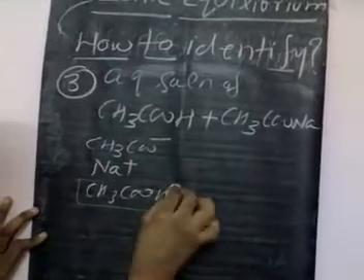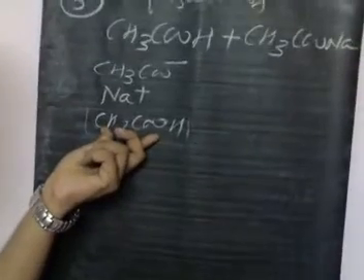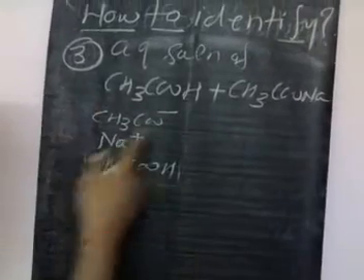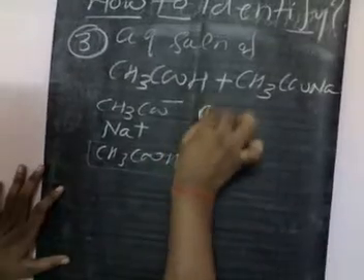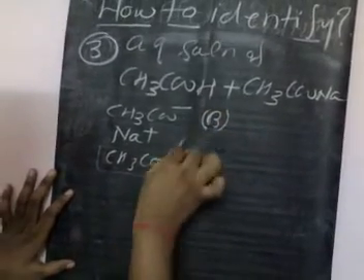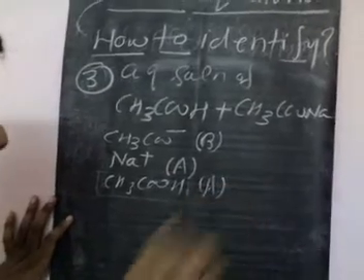We write CH3COOH in undissociated form because it is a weak electrolyte, while the salt is a strong electrolyte, so we write it as CH3COO minus and Na plus. Out of these three components, CH3COO minus can behave as a base, Na plus can behave as an acid, and CH3COOH is an acid.